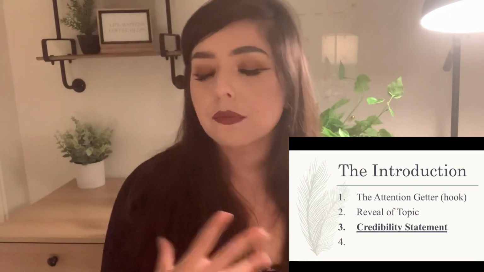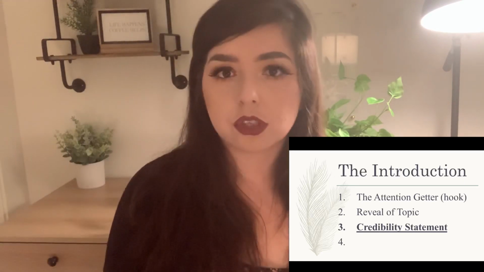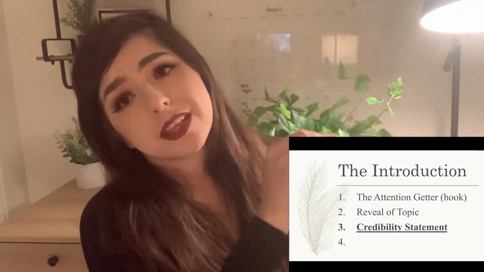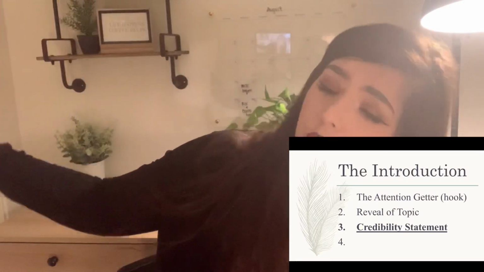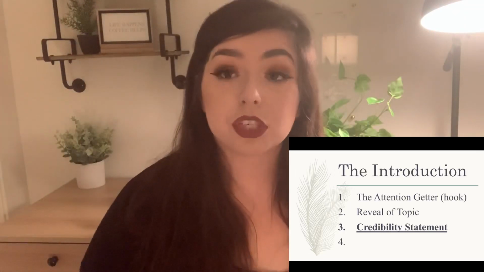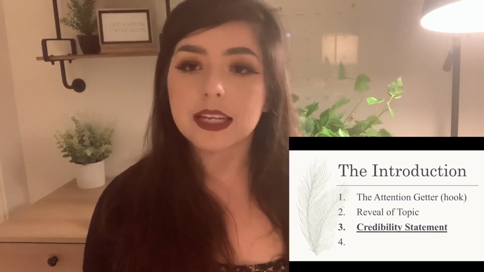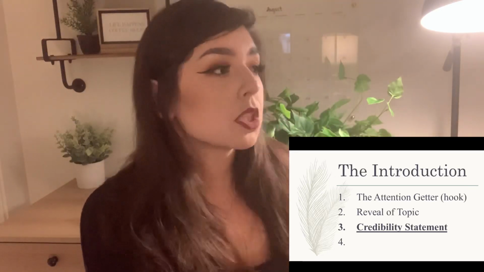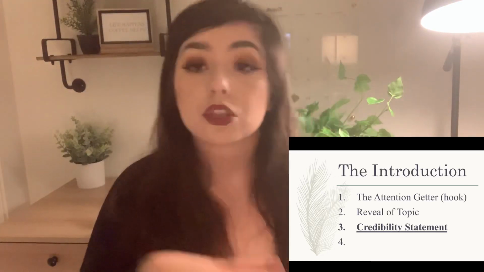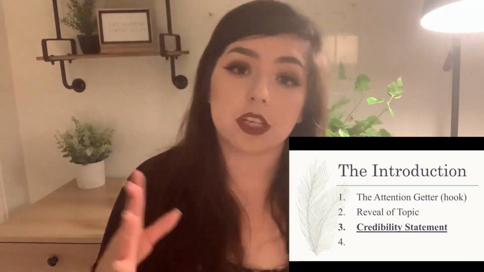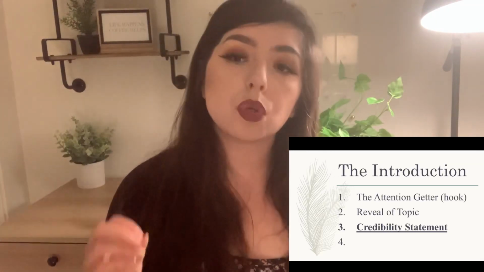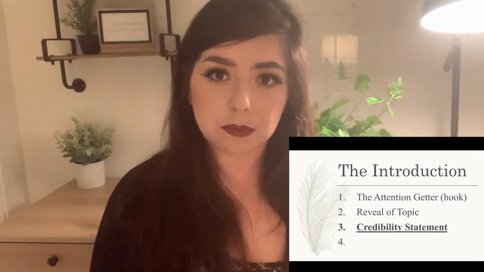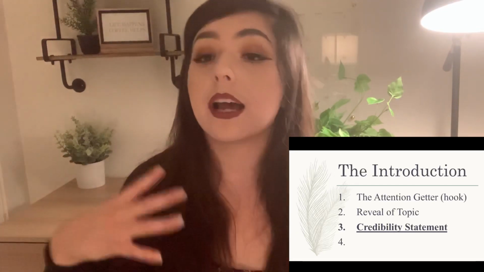So you'll notice the first day of class, some instructors will say, hey, I have my PhD in this, I got my master's degree over here, and they're trying to establish some sort of credibility early on, letting you know, hey, I have the expertise to teach this class. These are my experiences. This is my educational background. So similarly, you want to do that for the informative and persuasive speech. You want to let your audience know, I'm credible to give this presentation because of this.